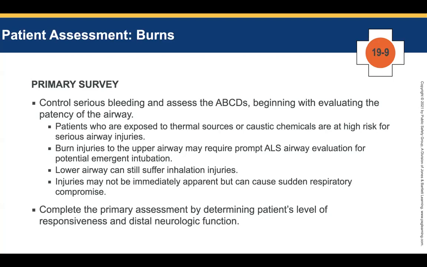With burns, we need to have a high level of suspicion that they have breathed in superheated gases and that it's affecting their breathing. If chemicals are involved, they're going to burn the mucous membranes, they're going to burn their lungs. We need to supplement and help them with their oxygen levels.